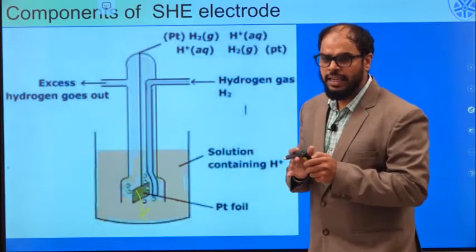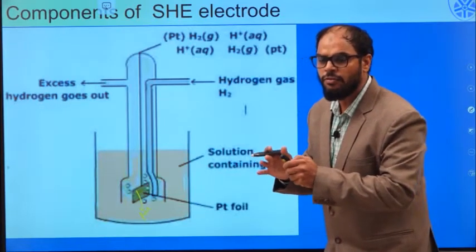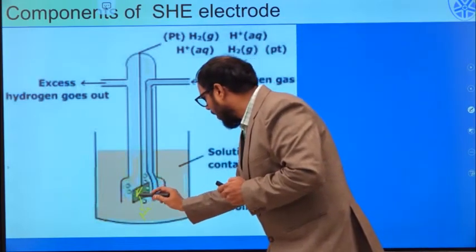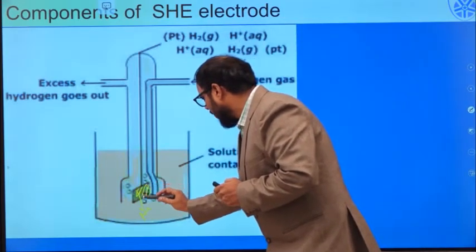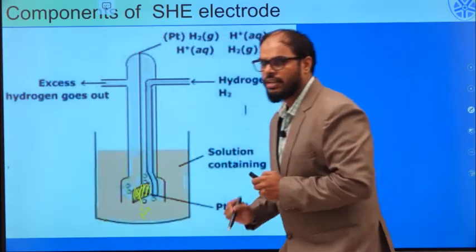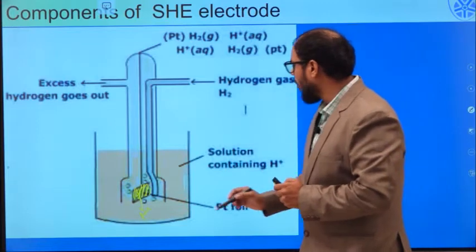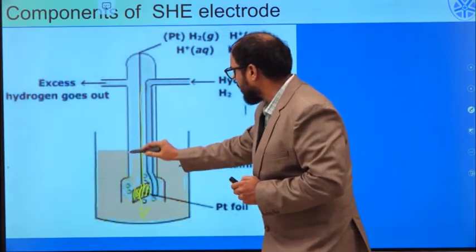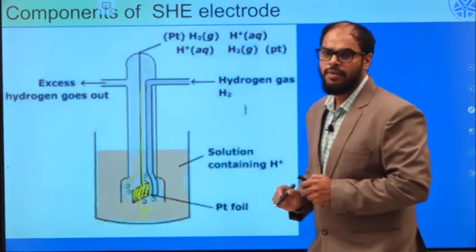So, it is basically a platinized platinum foil, and on the surface of this platinum foil, coated with a fine powder of platinum, the redox reaction occurs. And this platinum foil is connected to a platinum wire, and the whole setup is covered in a glass jar.